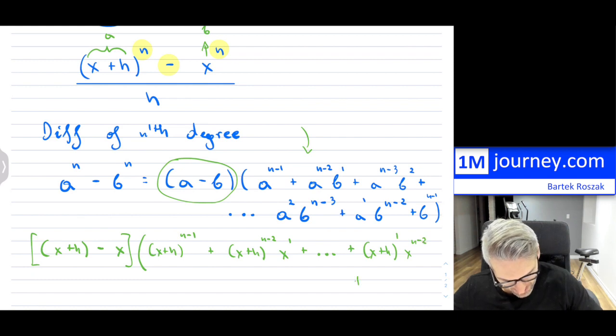I'm running out of space there. So plus the last one, which is going to be x^(n-1), and that's all in brackets.